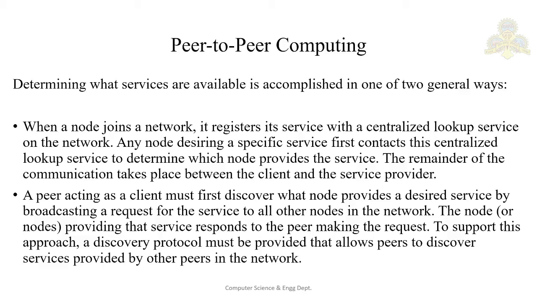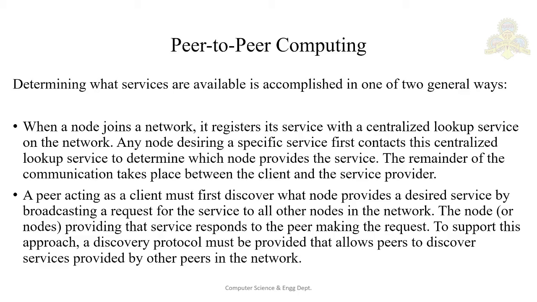Your client first has to check the lookup service, find which node is providing that service, and then directly contact that node. Instead of asking everyone whether they provide this service, with the lookup service you can directly talk to the particular node giving you a specific service.